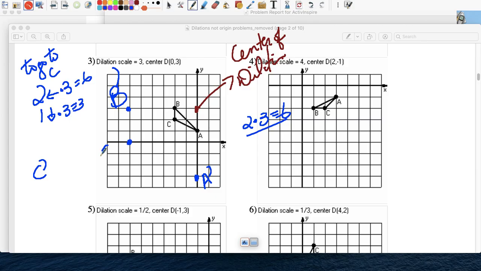And here is C prime. So again, if you connect the dots, you're going to see that this is the same triangle, same shape. Okay. What was the scale factor of 3?